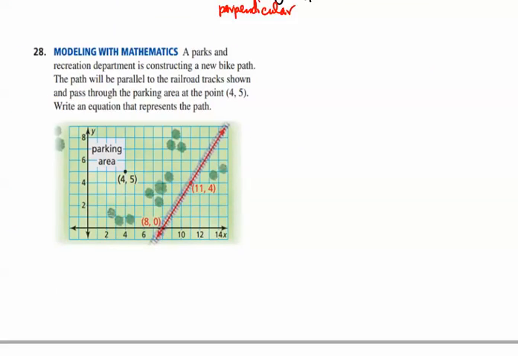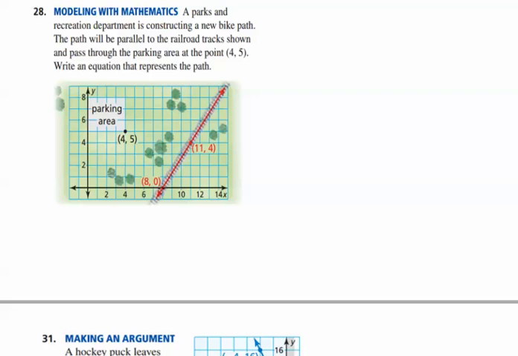In the next problem, we have a Parks and Recreation Department constructing a new bike path. The path will be parallel to the railroad tracks shown and will pass through the parking lot at the point 4, 5. Write an equation for this line. So we know, first of all, that we have this point 11, 4. We need to know what the slope of that railroad track is.